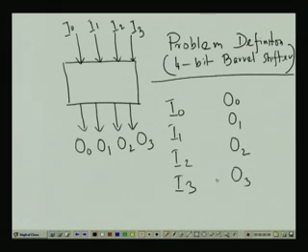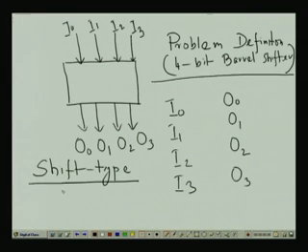Now, say there can be different types of shifts. I am defining a shift type. If the shift type is 0, it means the inputs will be passed as they are to the output.